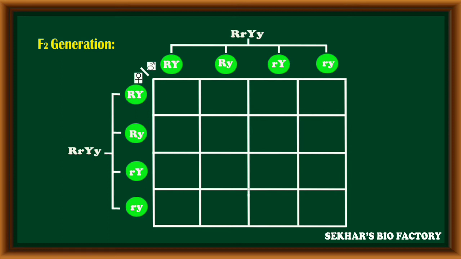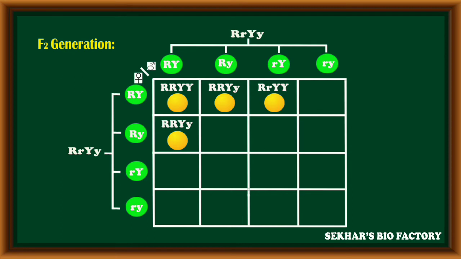The first combination is capital R capital R, capital Y capital Y. This plant phenotypically shows round yellow. The second combination is capital R capital R, capital Y small y. Phenotypically, this plant also shows the round yellow character. The third combination, capital R small r, capital Y capital Y, also round yellow.